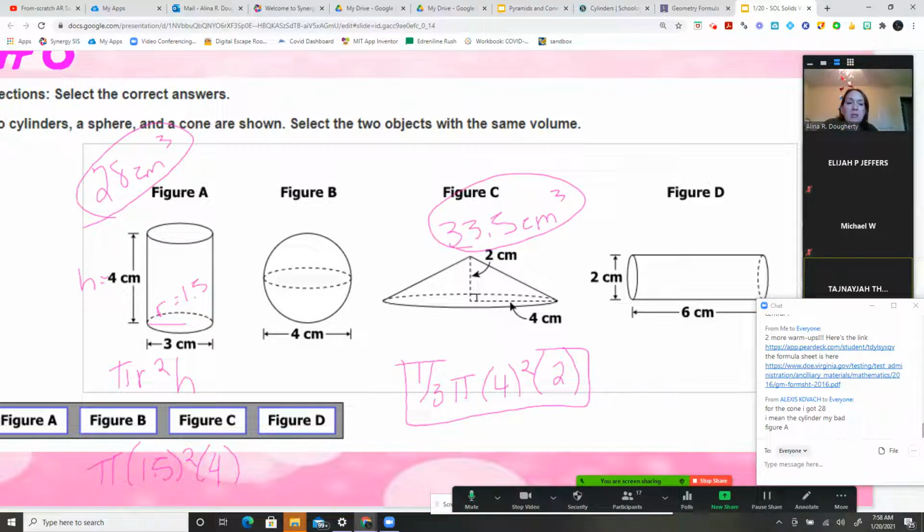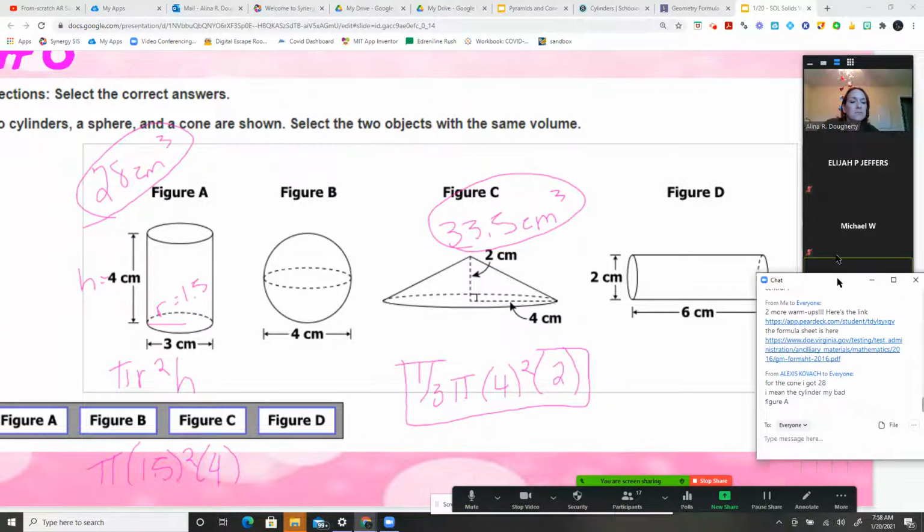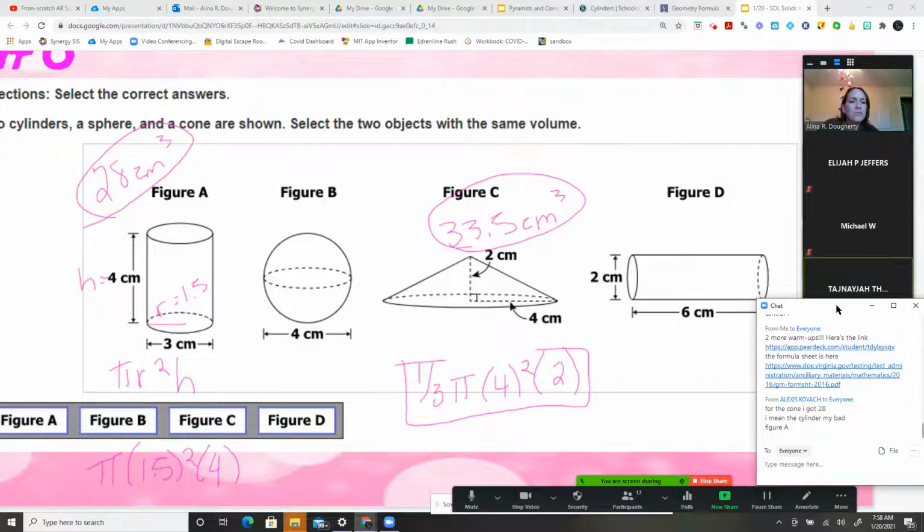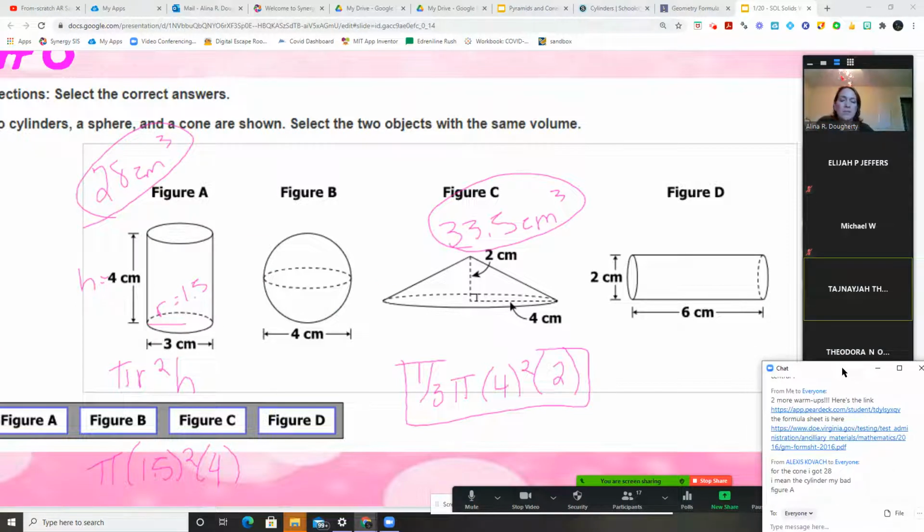How about B or D? Did anybody do B or D? Mine is different. That's okay. 32 over 3 pi? Yes.